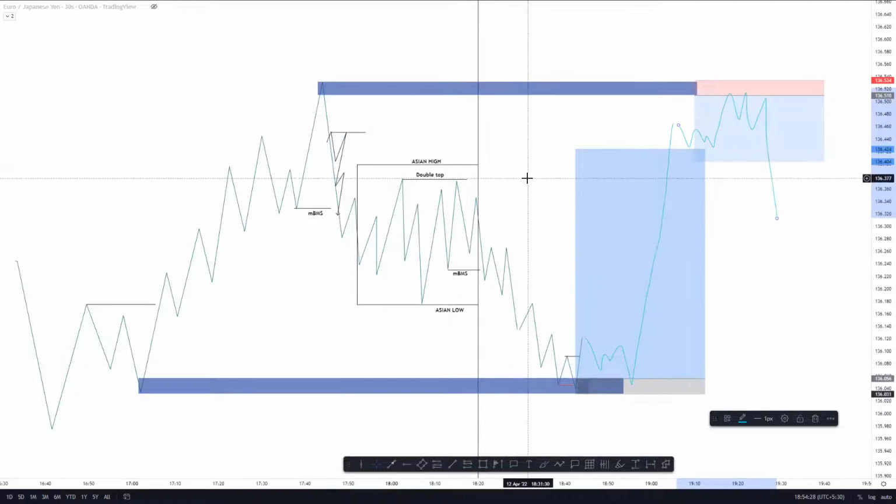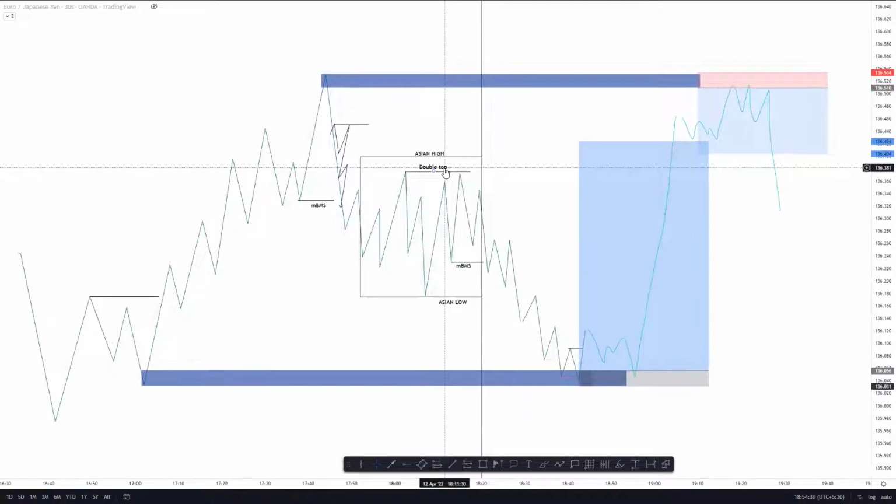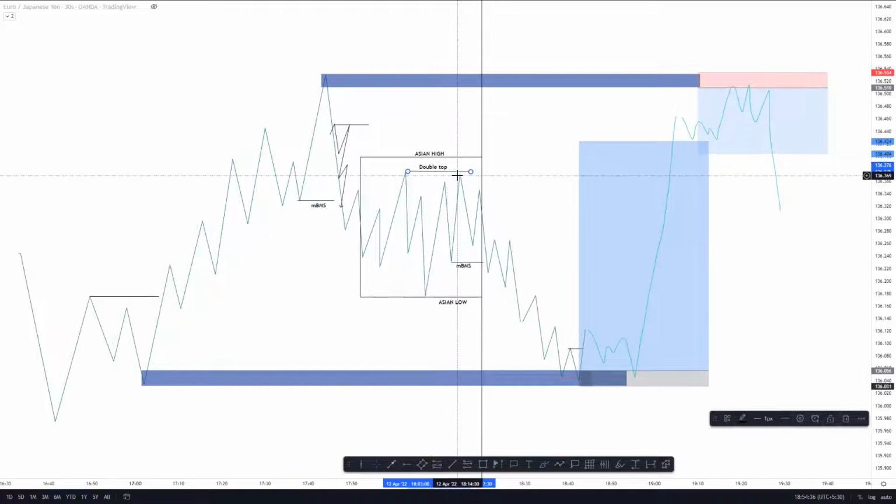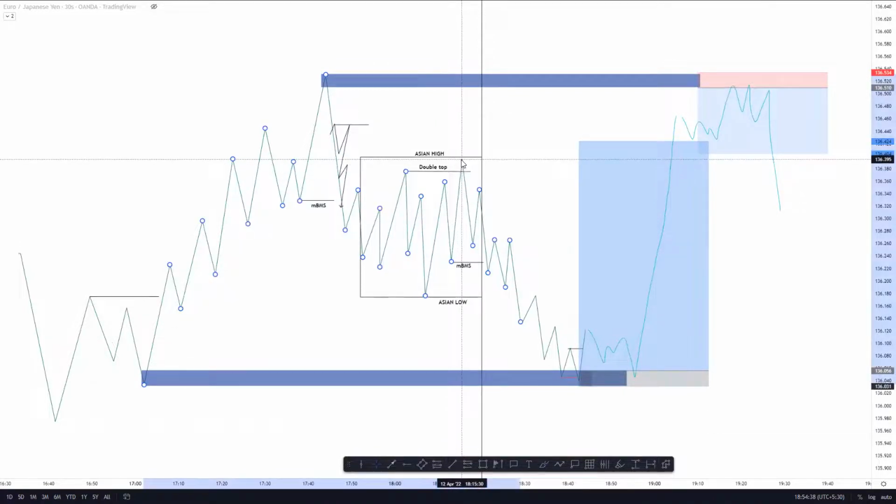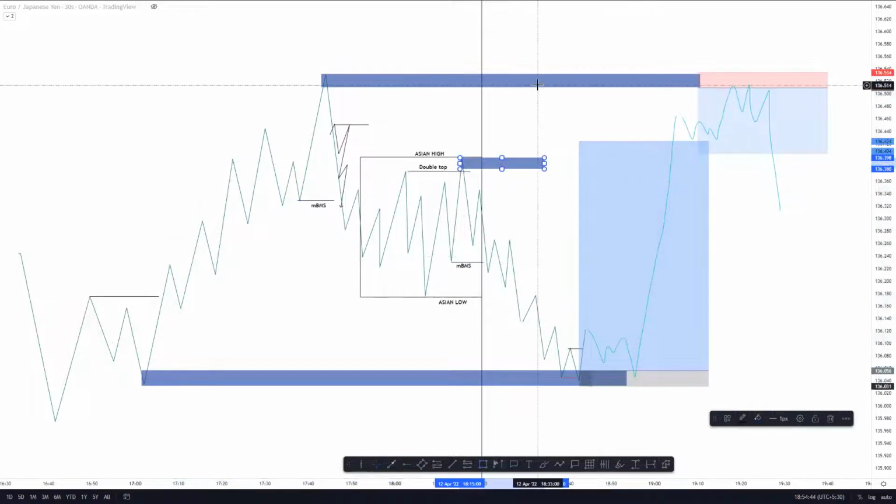Just the main thing here is I look for Asian session. As I told you, if price made some kind of Asian session high and given us a BMS, I will look for sells around here to target Asian session low.